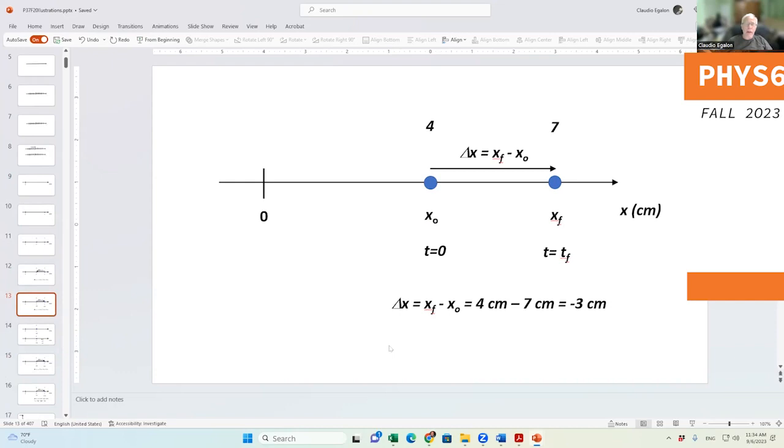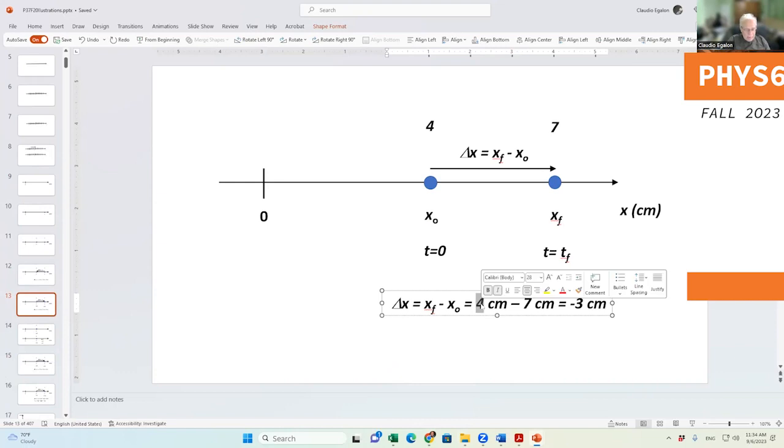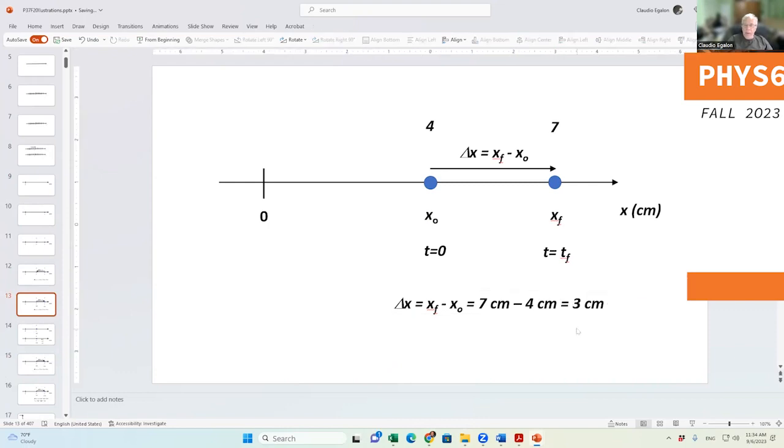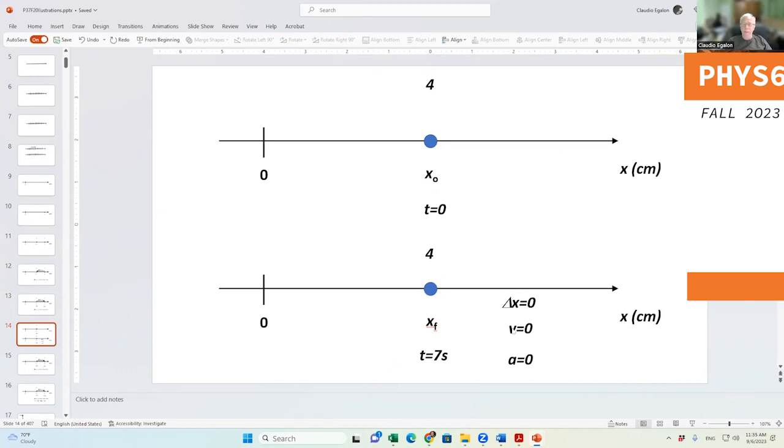Now, if it were the other way, the arrow would point to the right. And here, there's a mistake. That's final position minus initial position. Two different examples in which the particle goes from one point to the other.